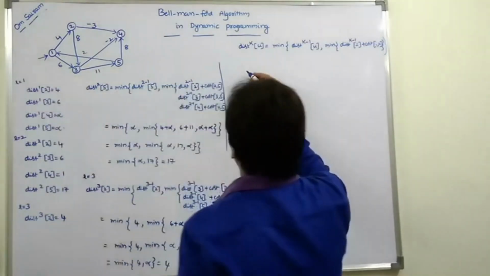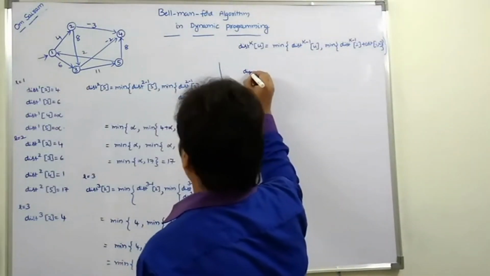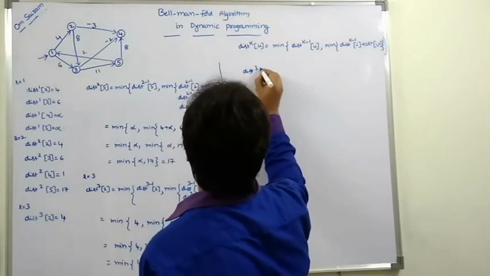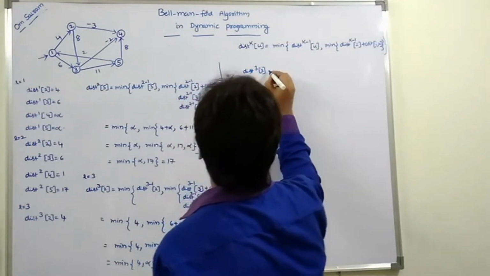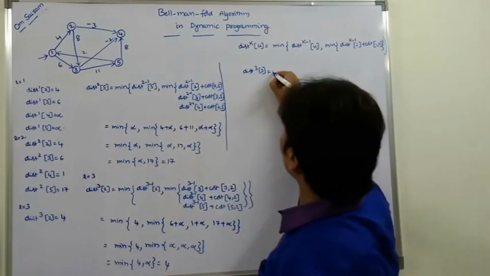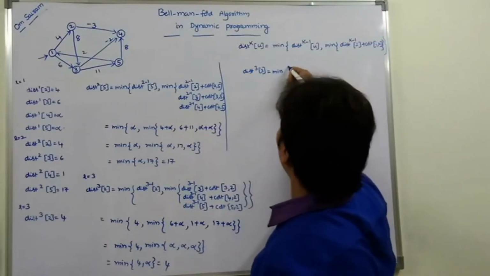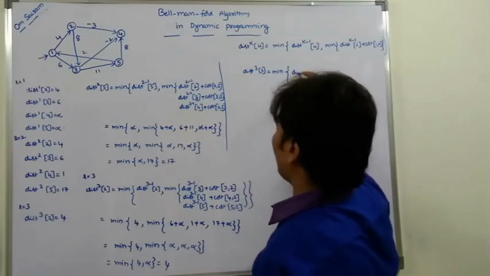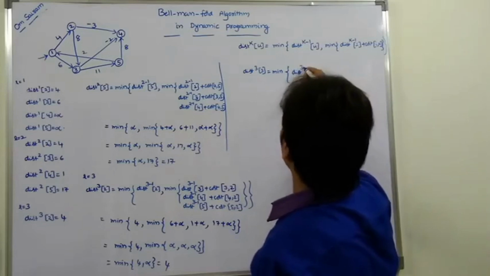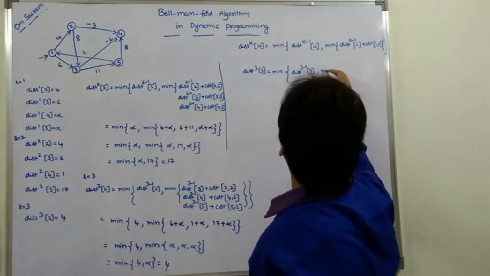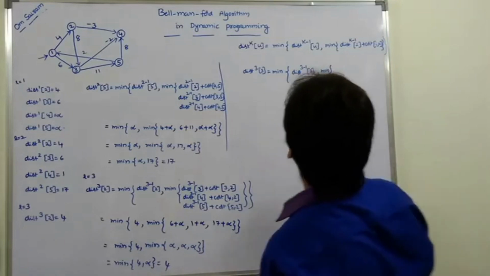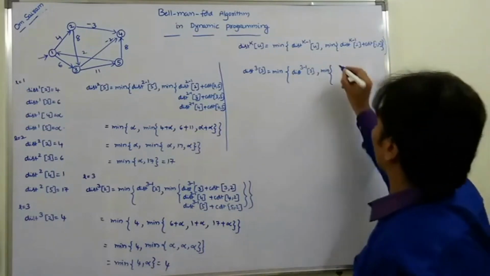Now dist 3 of 3 is equal to the minimum of dist 3 minus 1 of 3 comma the minimum of, what are the remaining vertices? 2, 4, 5.